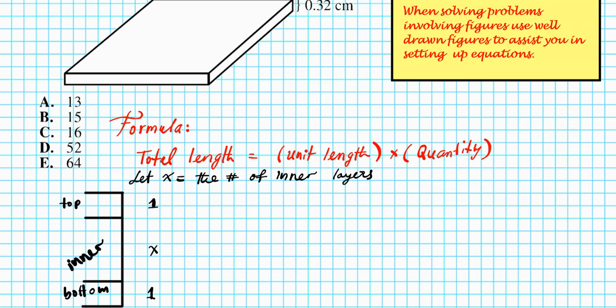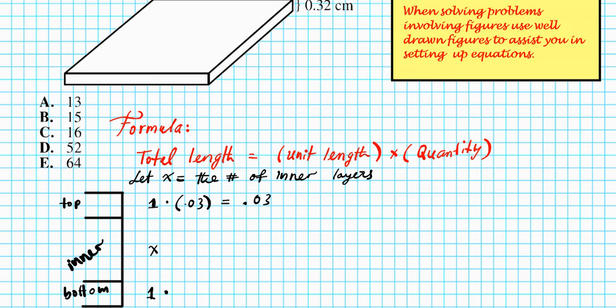Using the formula right here, we're going to find the length for each component by multiplying the unit length times the quantity. We have the quantities: one top, one bottom, x inner. The unit length for the top layer of the microchip is 0.03, so the total length of the top layer is simply 0.03, which makes sense since we just have one.